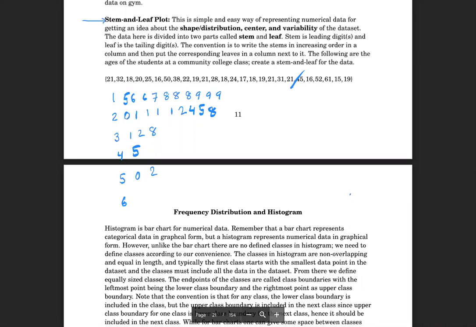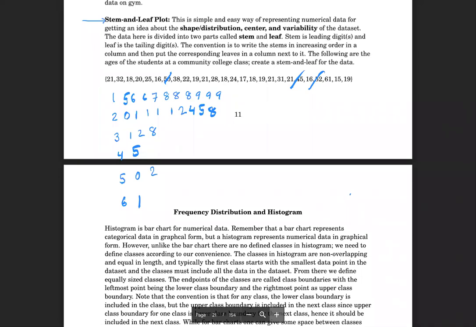No, there's a 61. There's a 61? Yeah, next to 52. Oh, I didn't see that one. So 61 is there. Is there anything else in the 60s? No. All right.